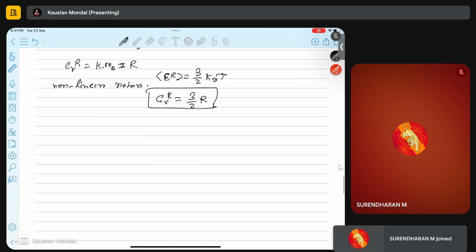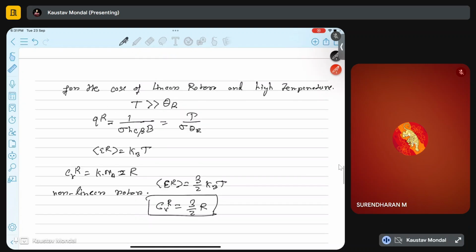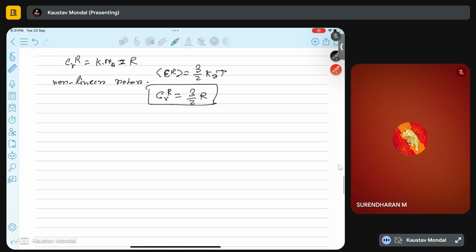Now, the cases we have considered so far are only for when the temperature is very high. Now let's take the situation where the temperature is not that high.